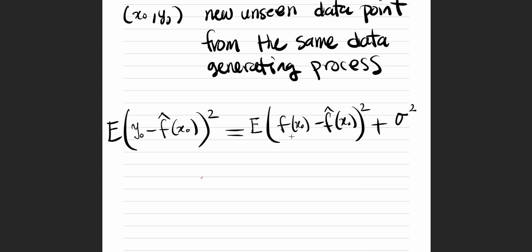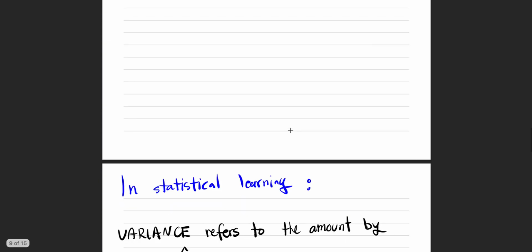Now let's look at this term, or conceptually f hat, our estimate, being close to the true unknown function. Can we decompose this into two terms?